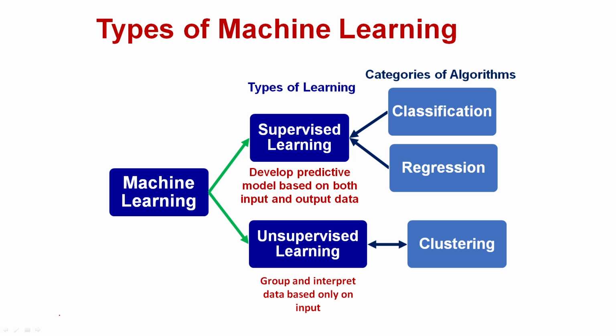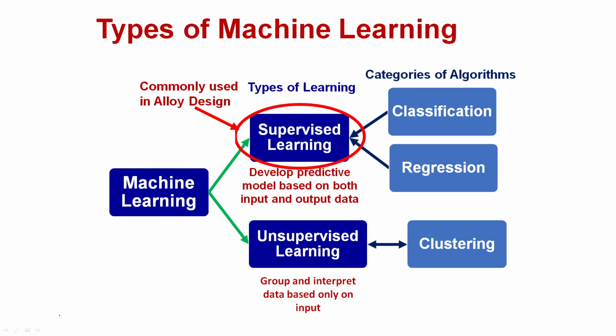This applies when you do modelings of different kinds of behavior, prediction of properties, phase diagrams or phase evolutions, or even situations where you have a small amount of data, but you need to use it to predict some kind of a phase or microstructure. Therefore, do not underestimate and think that only supervised learning is used in alloy design.